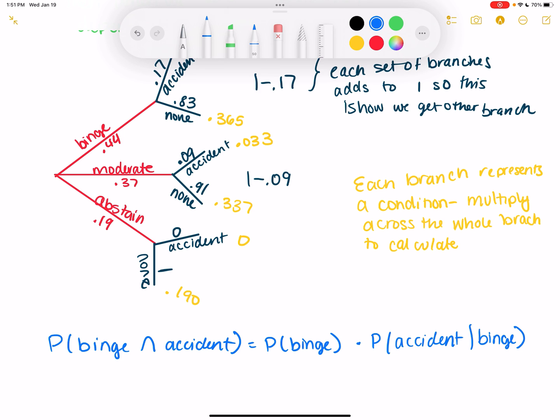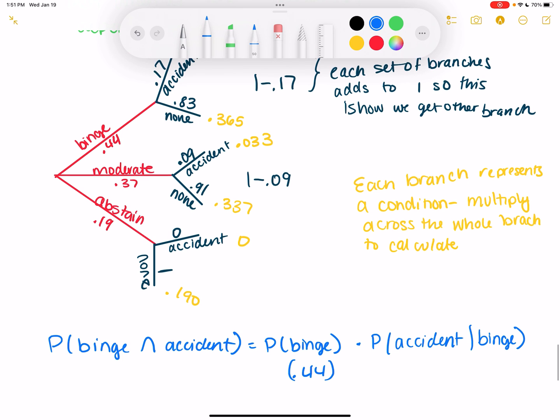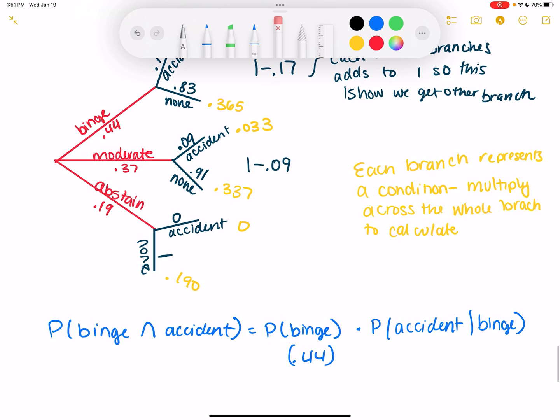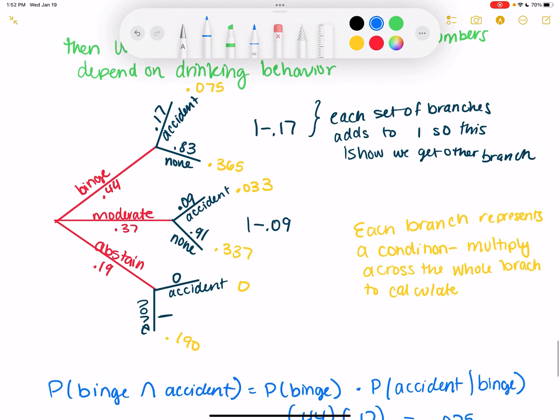So an accident given that they binge is that 0.17. So 0.44 times the 0.17 is equal to the 0.075. That's where this 0.075 up here came from, in words.